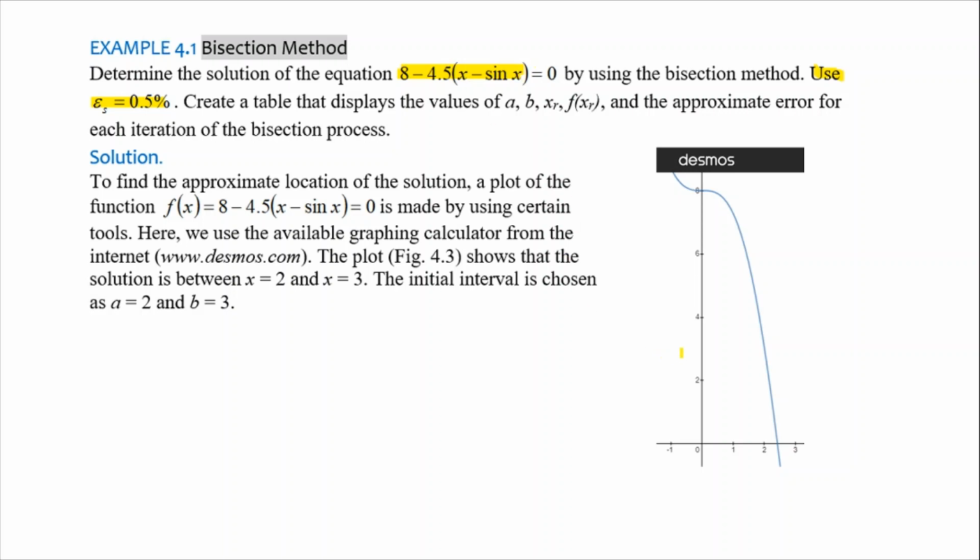So from the plot of the equation, we know that the solution is somewhere in between. The initial interval is chosen as a equals 2 and b equals 3, because it brackets the true solution, which is somewhere here.